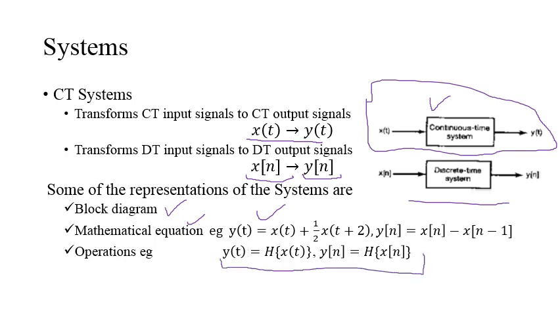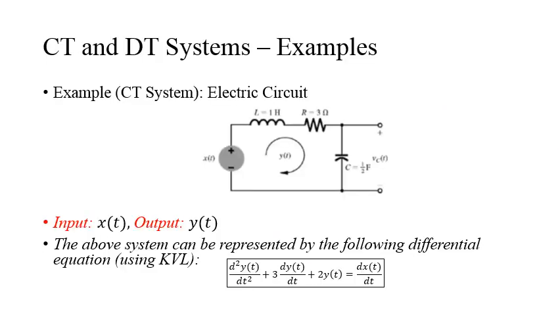For example, here y is the output signal, x is the input signal, and we perform some operation h. For the case of continuous time, this one, and for discrete time, this one represents a system. I think we have discussed this in the early lectures, so I will go ahead.